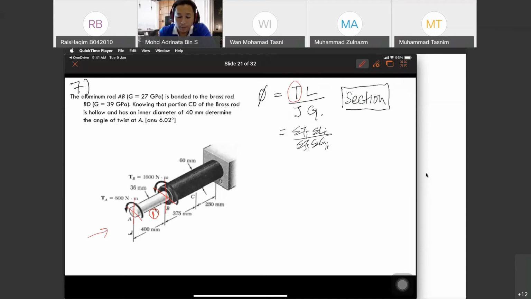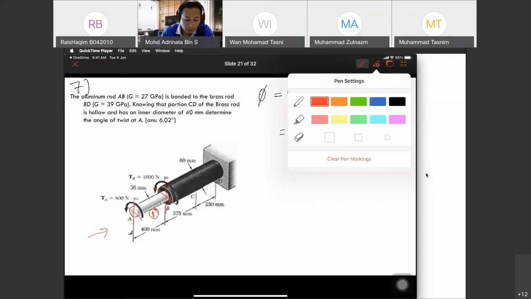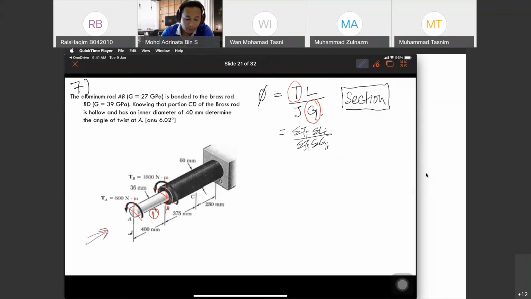And then bila ada perubahan material, okay, say material here, okay, perubahan material. So daripada sini, daripada depan, this is the first one, and then perubahan material aluminium and rod.